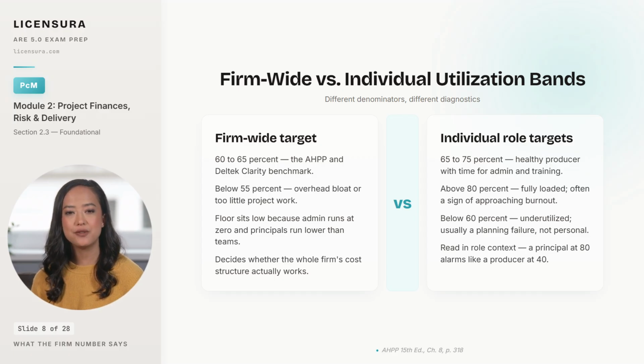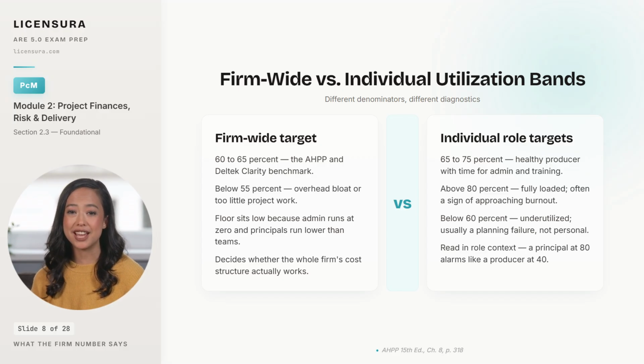Individual numbers tell a different story. An individual above 80% looks great on paper and is often a warning sign that the person is overworked and approaching burnout. Between 65 and 75% for an individual contributor is healthy. They have time for admin, training, and the occasional business development task.